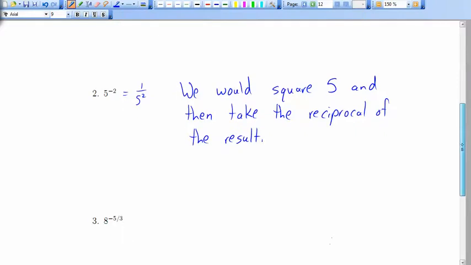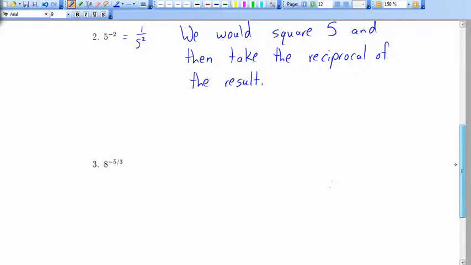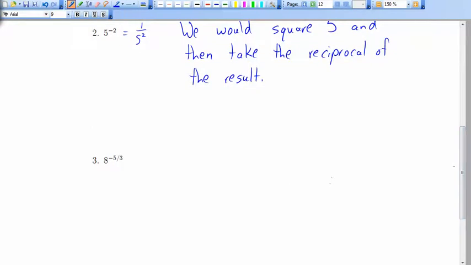For the final example here, we've got 8 to the negative 5/3. Well, we know we're going to take a reciprocal, we're going to do a cube root, and we're going to raise it to the exponent 5. The order in which you do those doesn't matter as long as you do all of them exactly once. So let's, I don't know, cube root the 8 first.